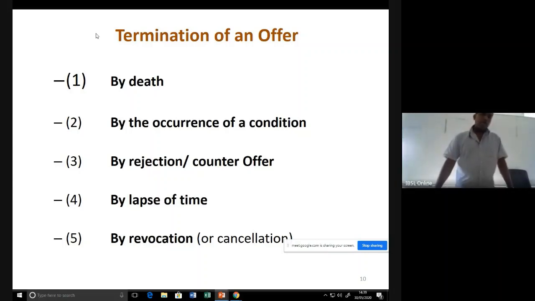By March, there is a beautifully grown paddy. So I enter into a contract with another person, a buyer. I make an offer to him. I said, I will sell all this crop to you for 500,000 rupees. I am the offeror, I make the offer.